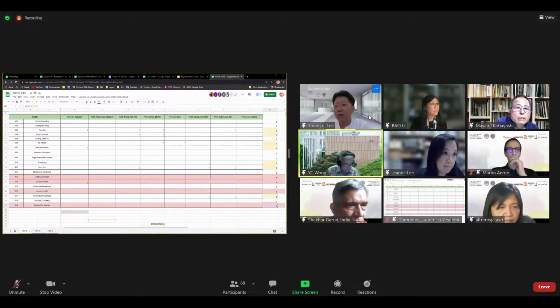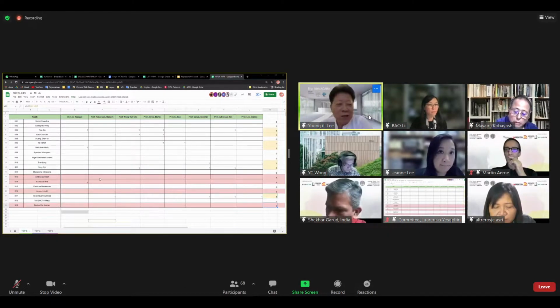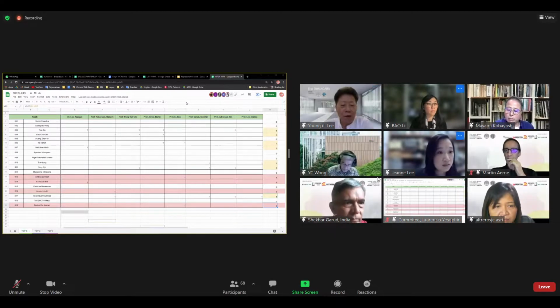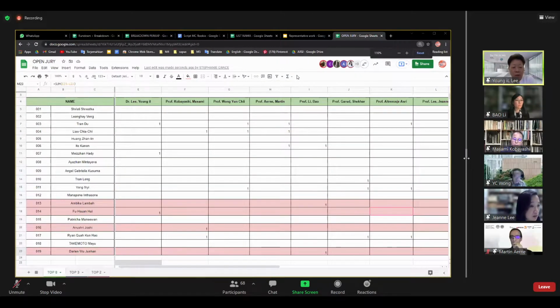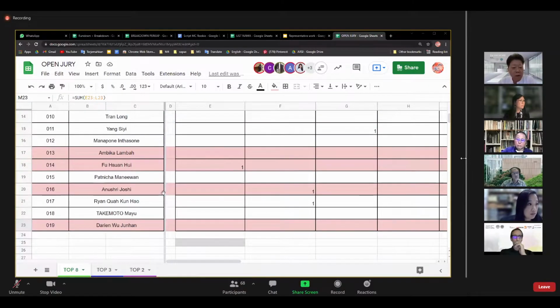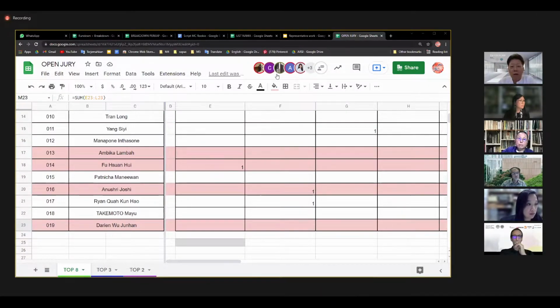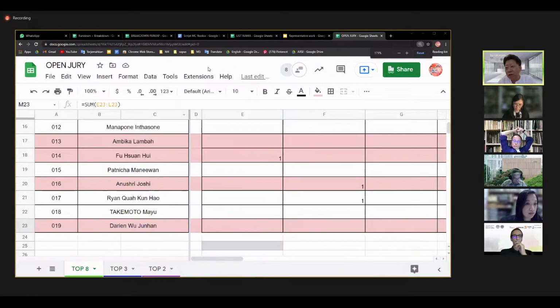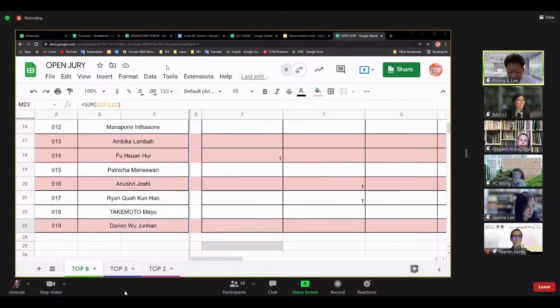Can the committee zoom in on the names? The name highlighted in red, Professor, is the one with conflicting votes, so they all have the same number of votes. Now I took a short screenshot so I can see.